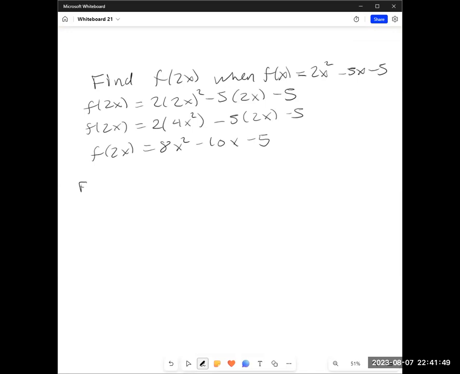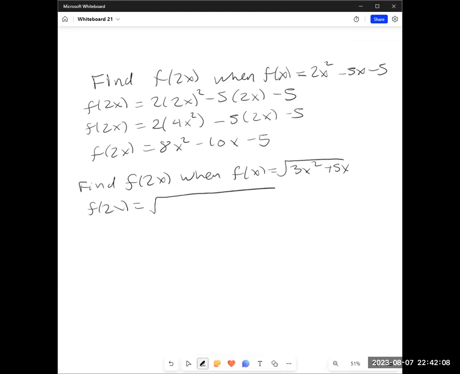Let's do another one where we're going to find f of 2x. This time, f of x is equal to the square root of 3x squared plus 5x. So f of 2x is going to be equal to the square root of 3 times the quantity 2x squared plus 5 times 2x.